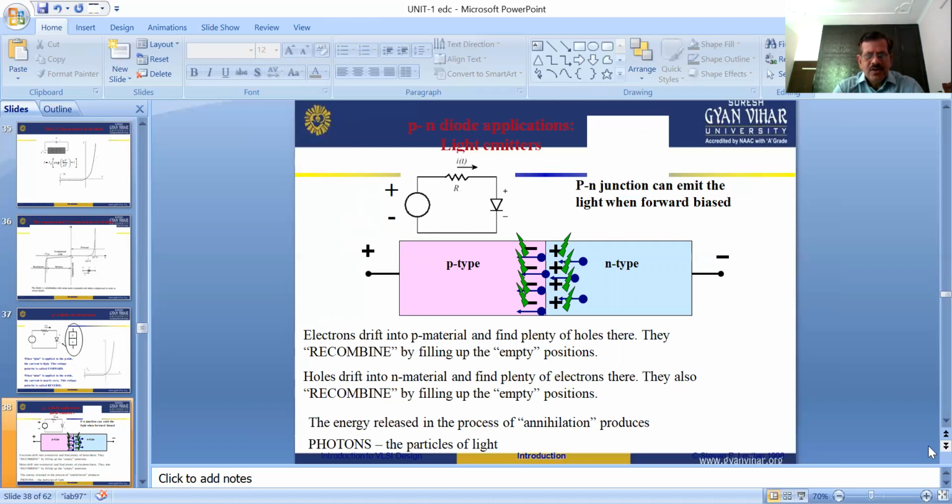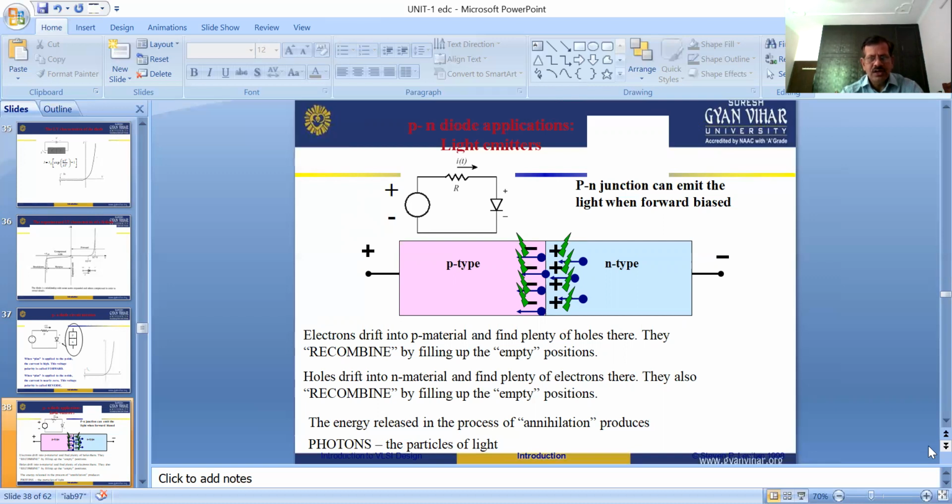Electrons drift into the P material and find plenty of holes there. So they recombine by filling up the empty positive positions. Holes drift into the N material and find plenty of electrons there.